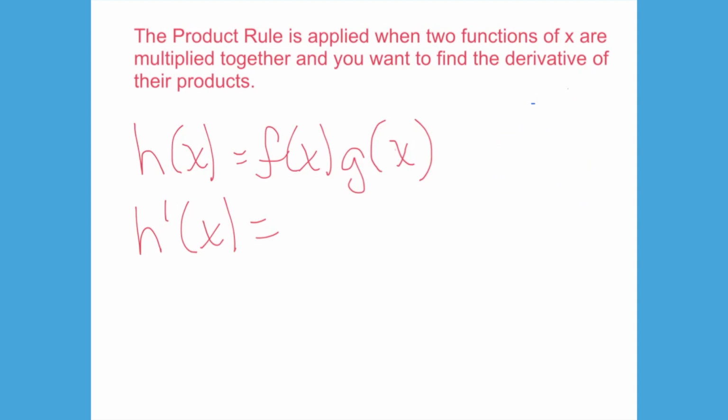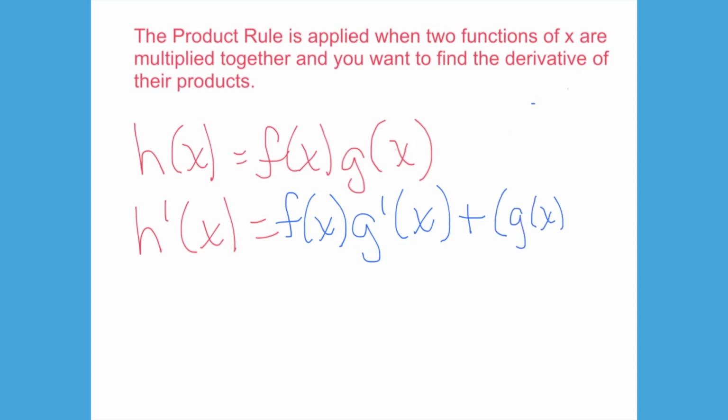So we've got 1 d2, first derivative of the second, plus, product is plus, 2 d1, derivative of the first. 1d2 plus 2d1, or first derivative of the second plus second derivative of the first.